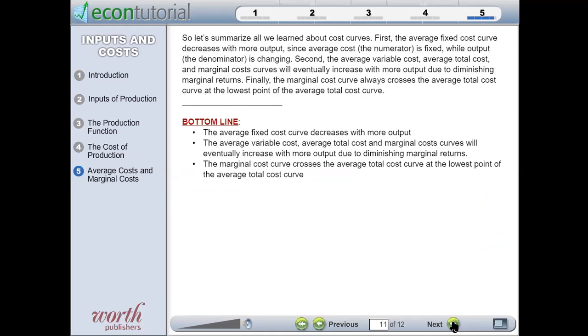So the bottom line is the average fixed cost curve decreases with more output. The average variable cost curve, average total cost curve, and marginal cost curve will eventually increase with more output due to diminishing marginal returns. The marginal cost curve crosses the average total cost curve at its lowest point, and that is the point where you need to produce the products. If you are producing less than that, you are bearing more cost.